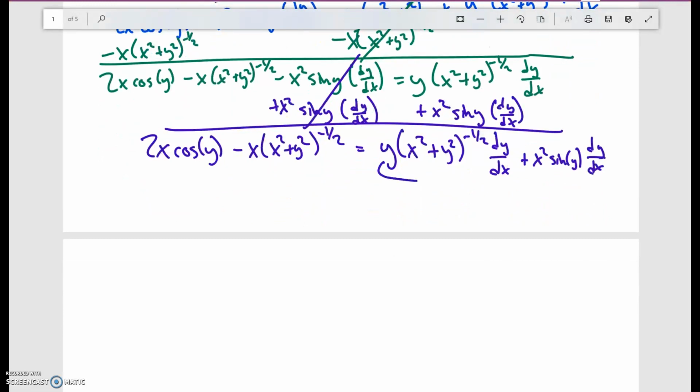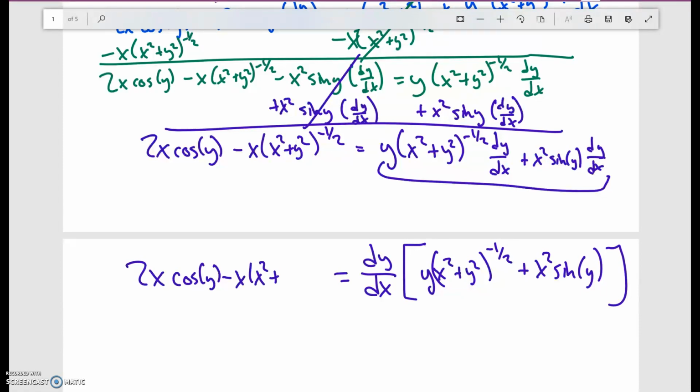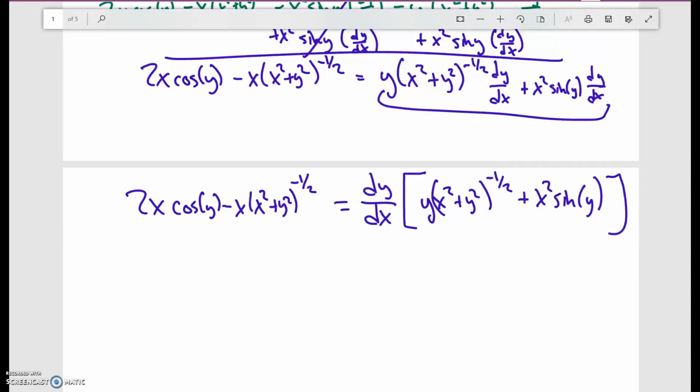So now let's take this because we got to factor out this dy over dx. So I'm factoring this thing out, and what am I left with? I'm left with a big mess. So I'm left with y times x squared plus y squared to the negative 1/2 plus x squared sine of y. That's going to be on this side. And on the other side, nothing's really happening: 2x cosine y minus x squared plus y squared to the power of negative 1/2. All right, now let me isolate the dy over dx by dividing this term over.